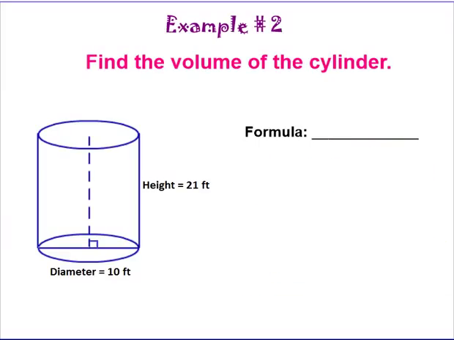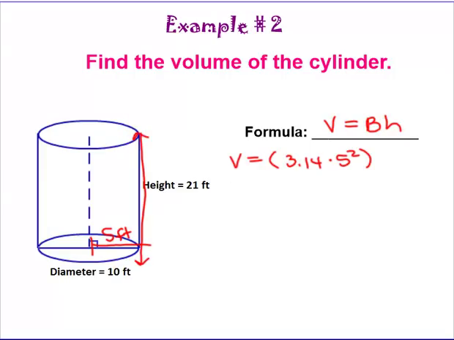All right, next one. So we're going to start with our formula, volume equals big B times H. Now you'll notice that it does not give us the radius, it gives us the diameter. But you know that radius is half of the diameter. And so if the diameter is 10 feet, the radius is going to be 5 feet. So volume equals, now our base is a circle, so it's pi r squared, so 3.14 times 5 squared. And then the height of the entire cylinder is from one base to the other, and that's going to be times 21.